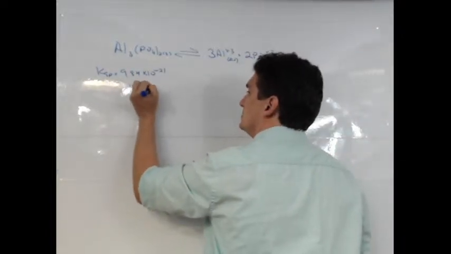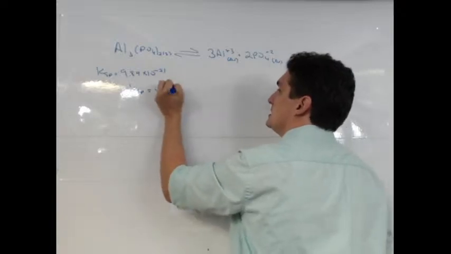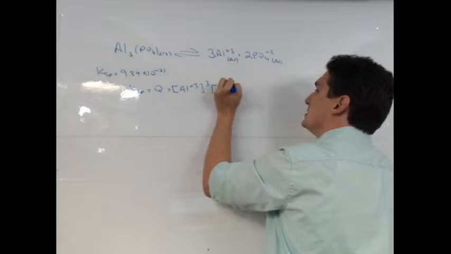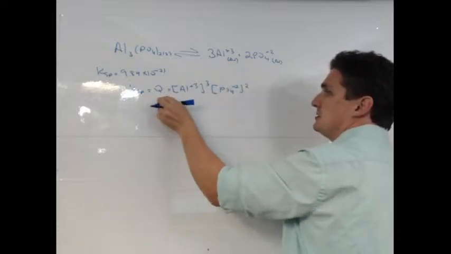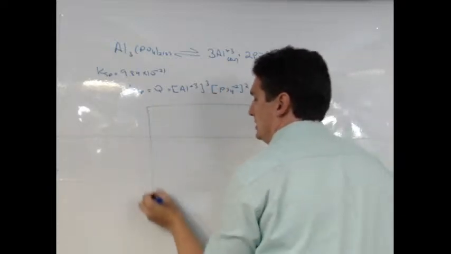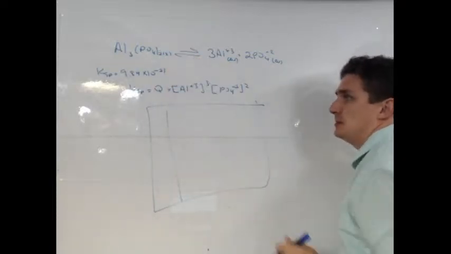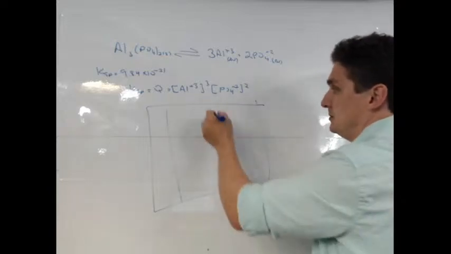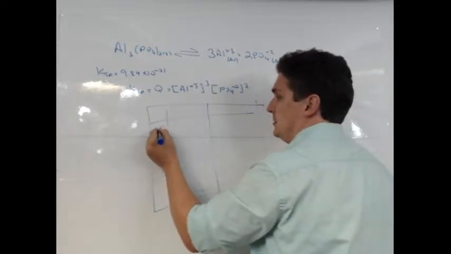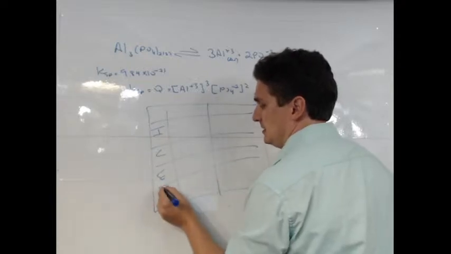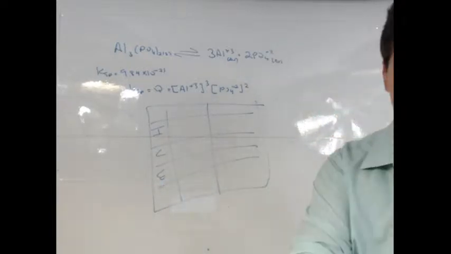KSP equals Q. And Q in this case is the concentration of aluminum to the third power times the concentration of phosphate to the second power. So you've got your expression for Q. You need your ICE table. Now we can leave off the aluminum phosphate simply because it doesn't appear in our expression for Q. We have I, C, E, and E are equilibrium values.